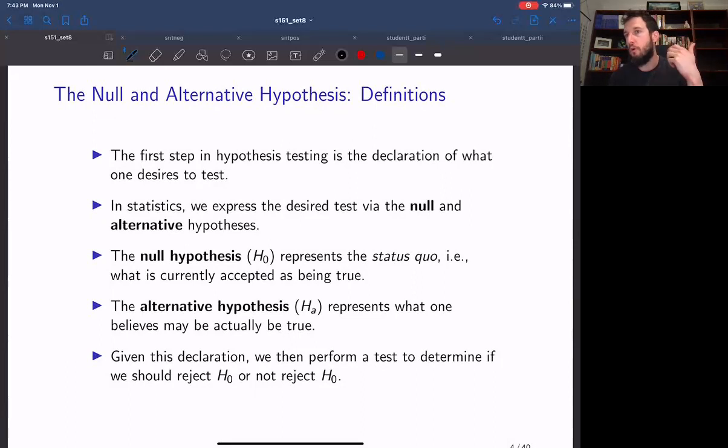If we want to know, is mu greater than 14, our alternative hypothesis would literally state mu greater than 14. If we were asked, is mu less than 14, our alternative hypothesis would just state mu less than 14. So the alternative expresses the question of interest. The null hypothesis simply states what we already believe to be true about the population mean.